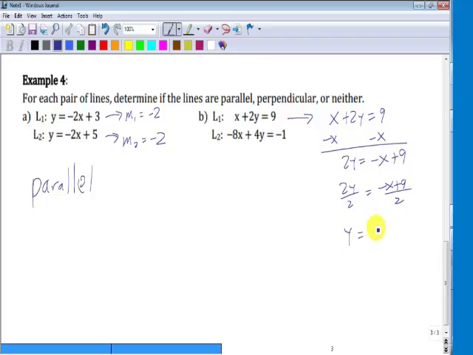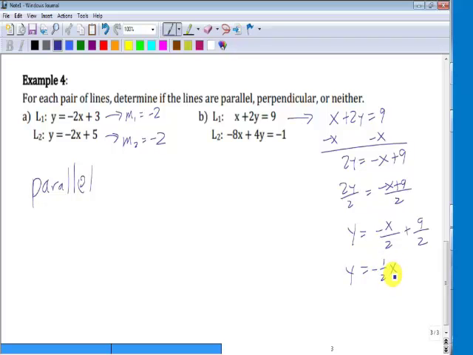And y equals, do I need to throw in one more step maybe, just to be on the safe side? y equals -x over 2 plus 9 over 2. And if we take x and multiply by -1 and divide by 2, that's equivalent to multiplying x by -1/2.